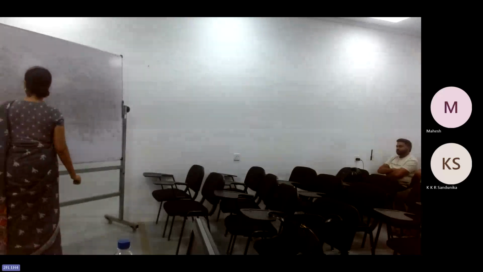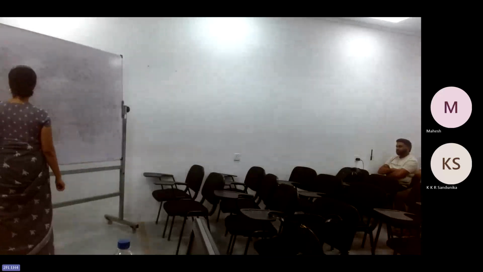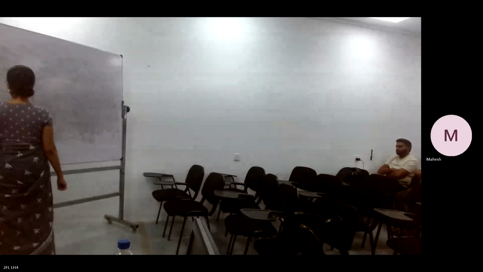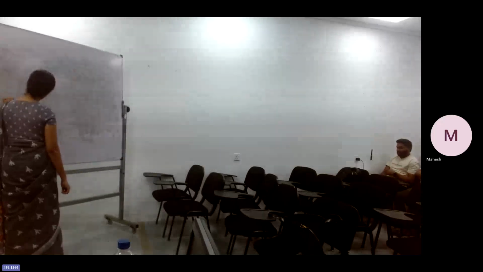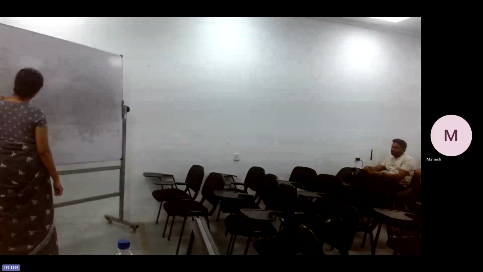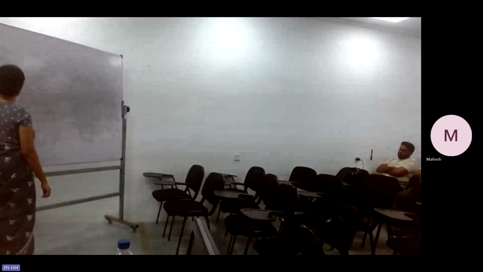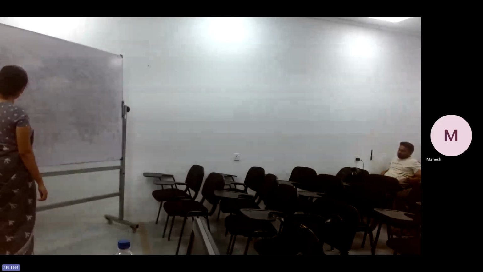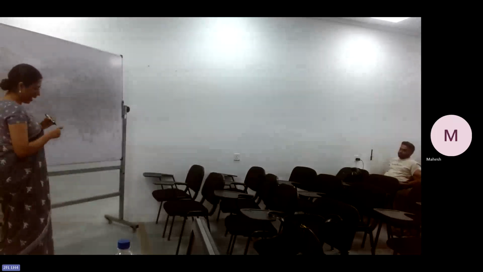Now what happens if the price is somewhere here? This is where their MR equals MC. But at that point, their average cost is high. So they are making a loss. So this is the loss. Now they have to decide whether to shut down or not.